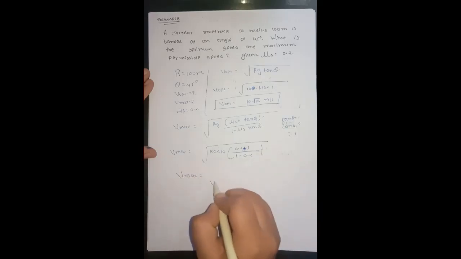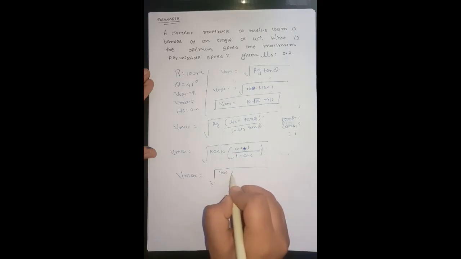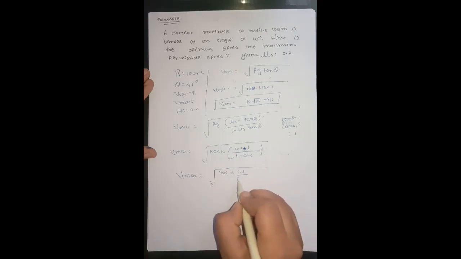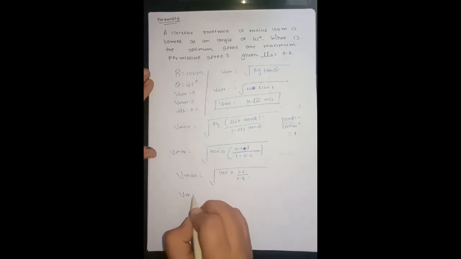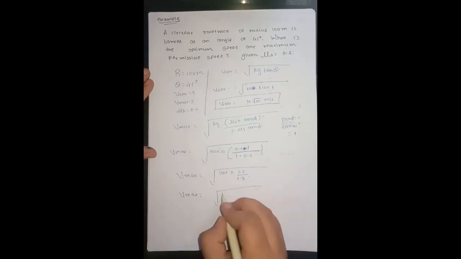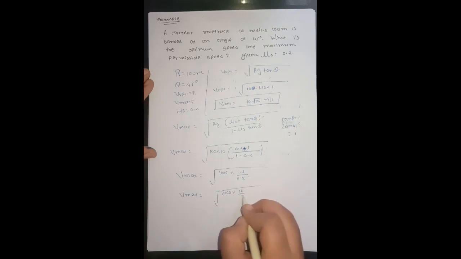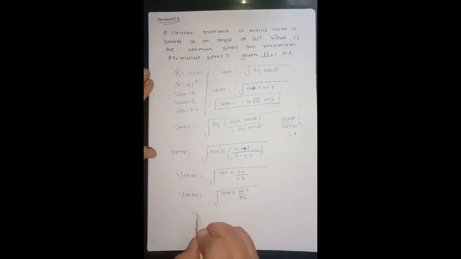So v max will be equal to under root 1000 into 1.2 divided by 0.8, that is 1000 into 12 by 8. 4 3s are 12, 4 2s are 8. So this will be 500, 500 3s are 1500, root 1500. Further simplifying it, v max will be 10 root 15 meter per second.